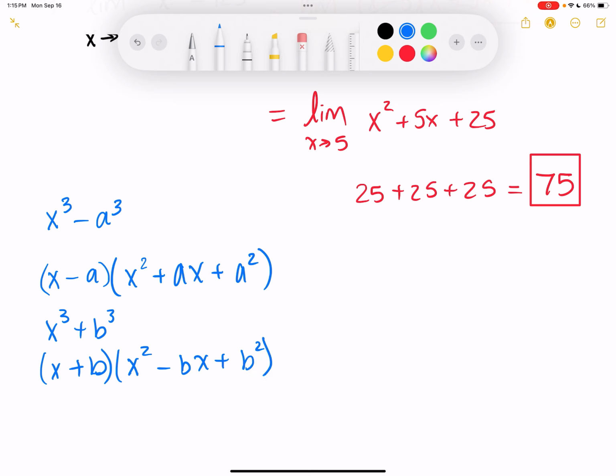So same, opposite, always positive. So the opposite goes over the, okay, so we do the signs there. Put those over the signs. Same, opposite, always positive.